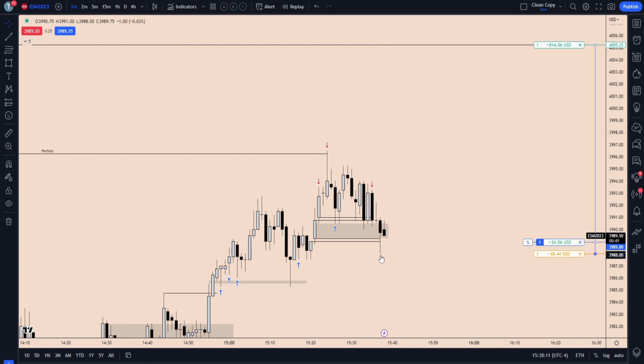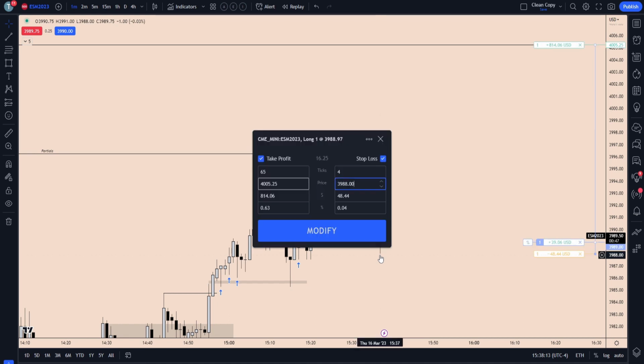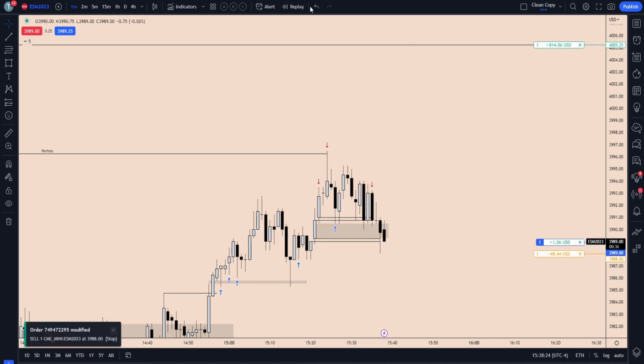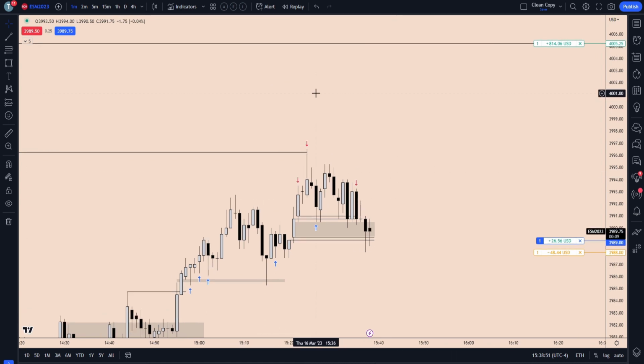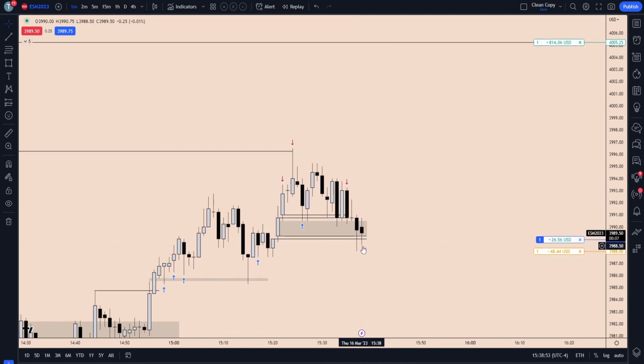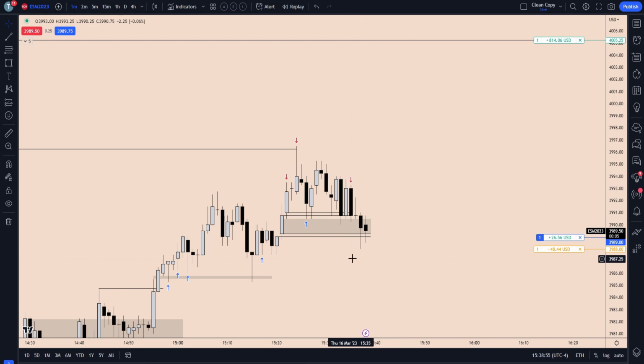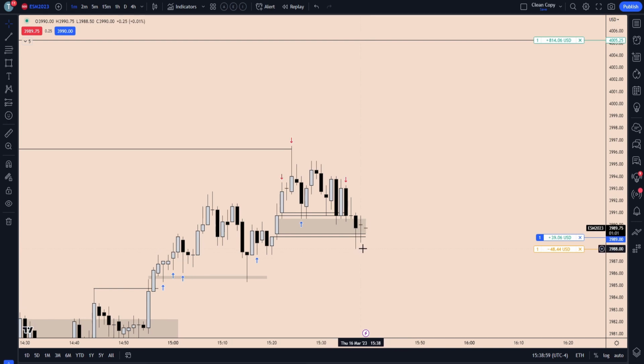So now my stop's below this low. I don't want this low broken. I'm not nervous if this candle takes me out, that's fine. If price wants to go higher, this low should hold, which is why the stop is there. It's a logical area, because it's below the fair value gap, below the volume imbalance, and below the order block.